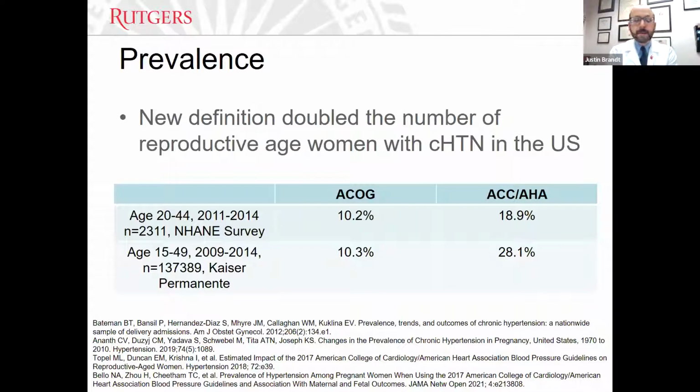Another study looked at patients in California from the Kaiser Permanente group, reproductive age women aged 15 to 49 from 2009 to 2014. The prevalence of chronic hypertension increased from 10.3% to 28.1%.